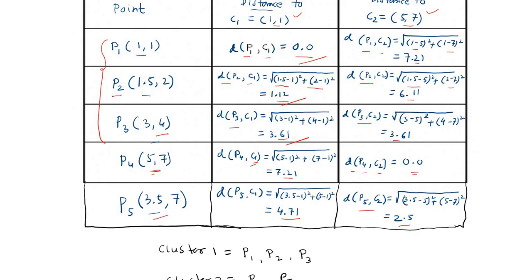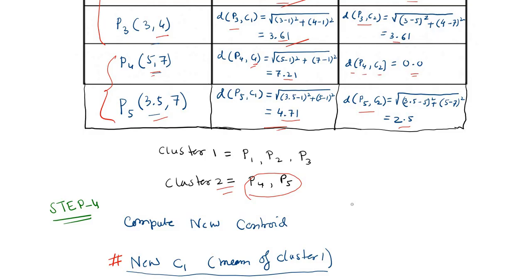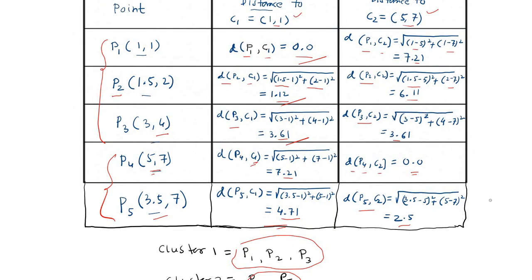But if you see cluster 2, for P4 and P5, the values are close to cluster 2. So that means we need to compute a new centroid for these. Let's compute a new centroid, because P1, P2, P3 form cluster 1 based on this table, whereas P4 and P5 form another cluster.